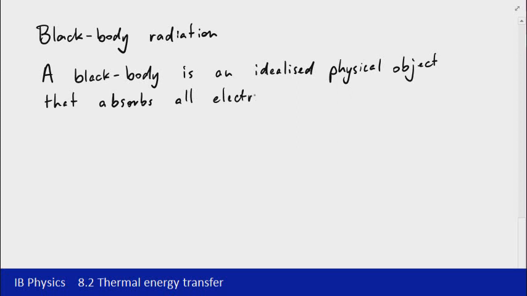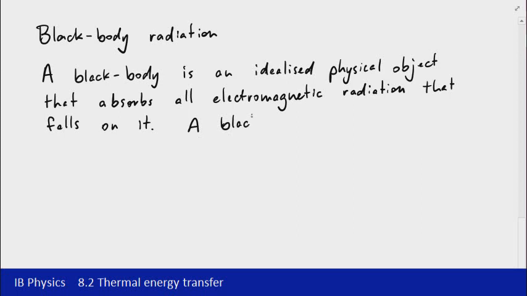Most objects that we see will reflect at least some light, so we don't actually have any physical black bodies, but we can get some pretty good approximations. The word black here doesn't actually mean that it is a black object as such. It just means that it's absorbing all radiation and not reflecting any.